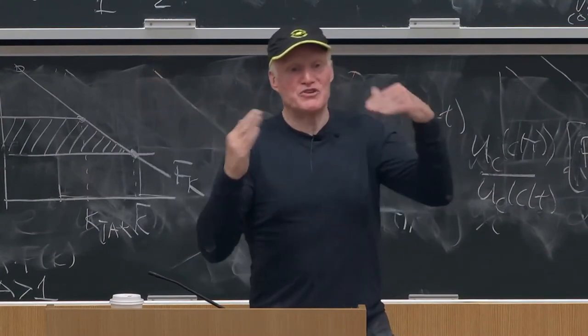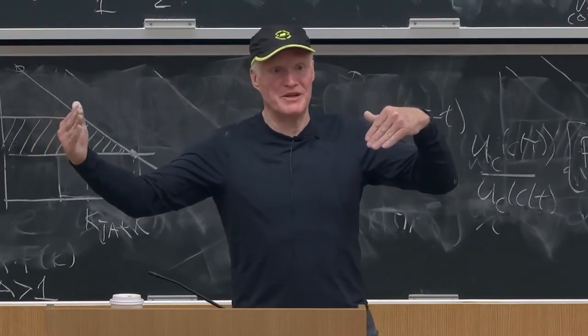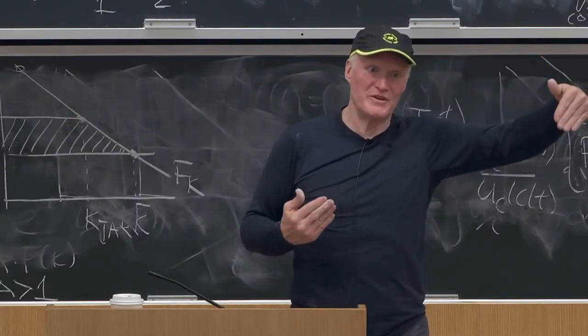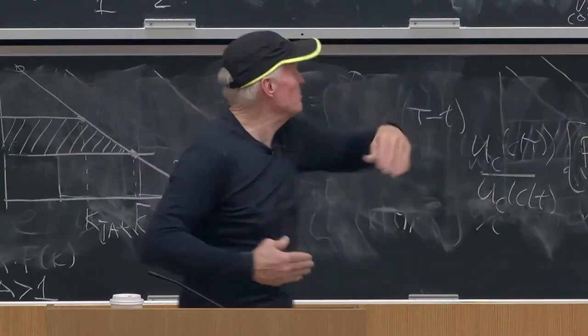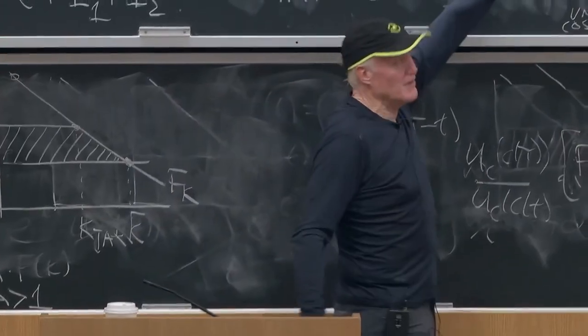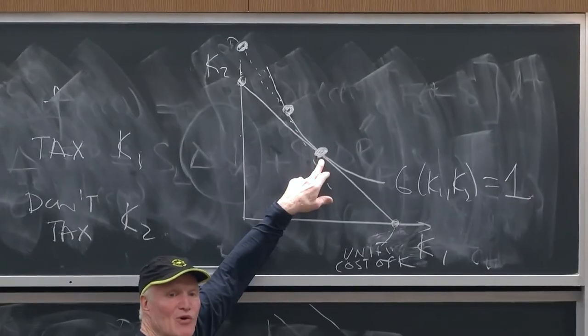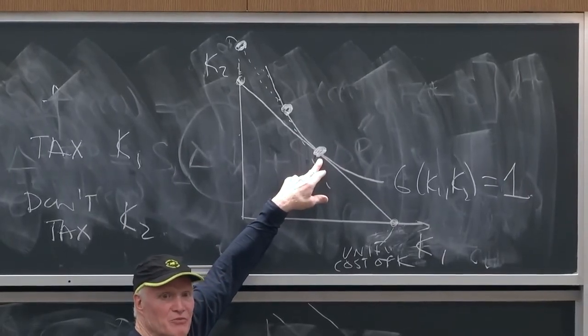That is, you could still produce 1 unit of K1 by giving up 1 unit of consumption, and you could still produce 1 unit of K2 by giving up 1 unit of consumption, but the way in which those are being combined to produce the capital aggregate is going to be inefficient now. It's as if you have a worse technology. It's more like a reduction in A in our previous world.